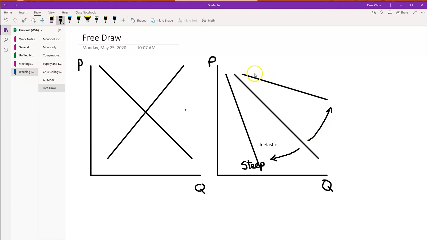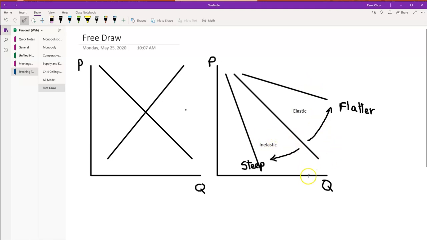So this is kind of like a low hill. It's like a steep mountain. All right. So the flatter the line is, the more elastic the line is. So a flatter line is relatively more elastic than a steeper line.